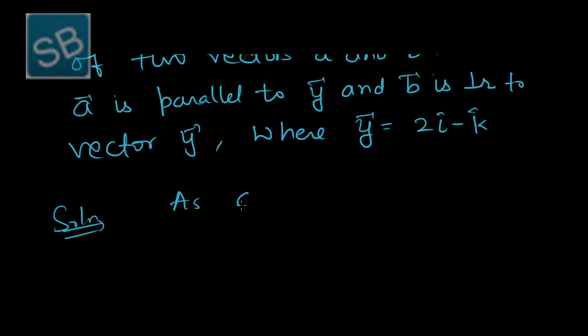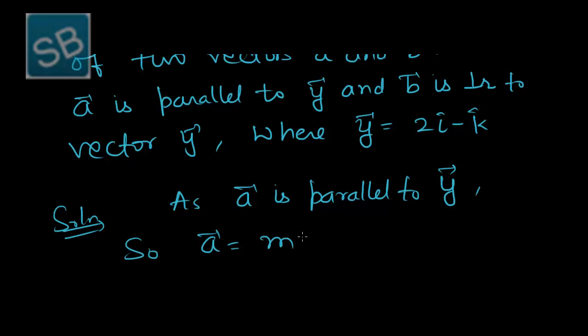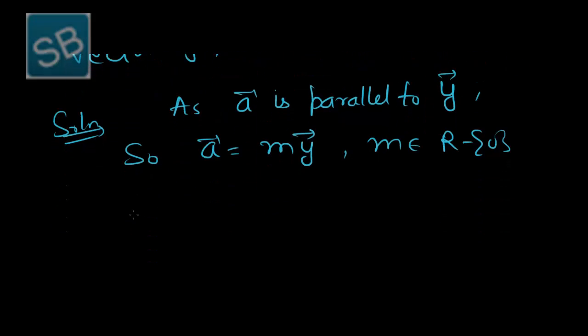As we have vector a is parallel to vector y, vector a is equal to m times vector y, where m belongs to R minus 0, that is m is not equal to 0.